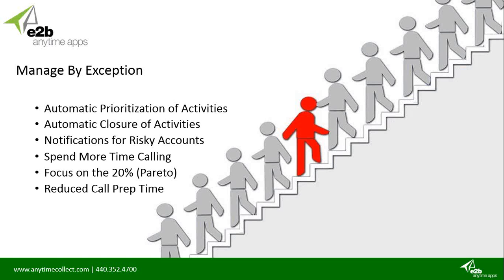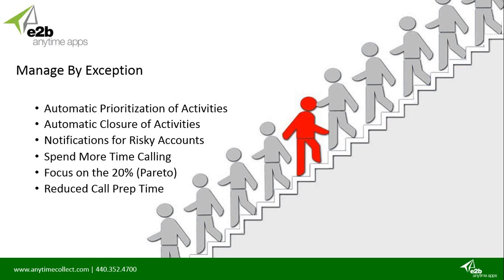As we talked about on the previous slide, I could spend a heck of a lot more time calling and talking to my customers. And I can look at this in respect to the Pareto principle. We all know that 80% of our revenue, on average, comes from the top 20% of our customers. So why would I print out an agent report and look at everyone?